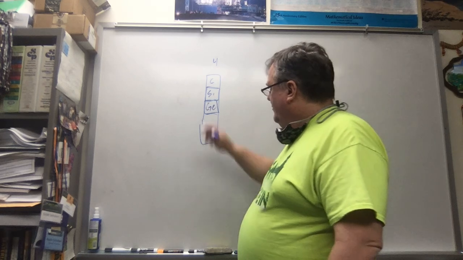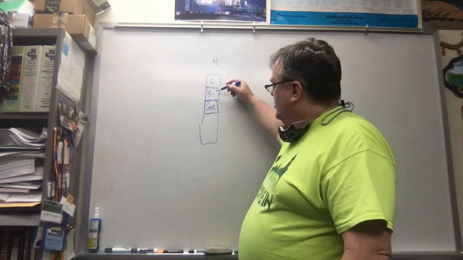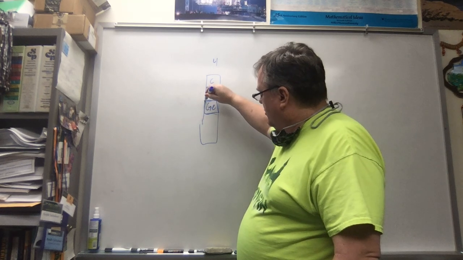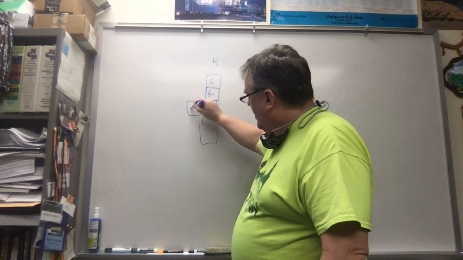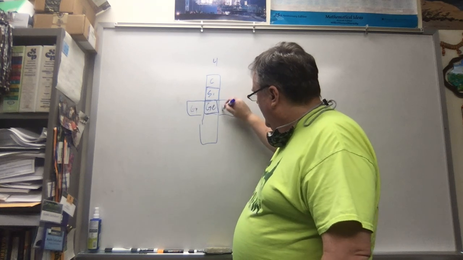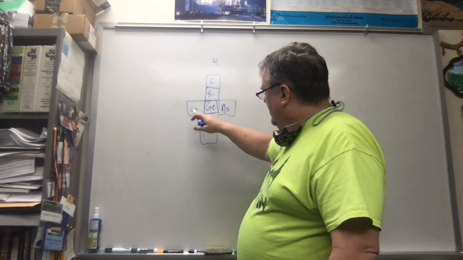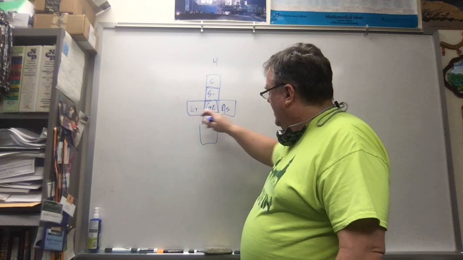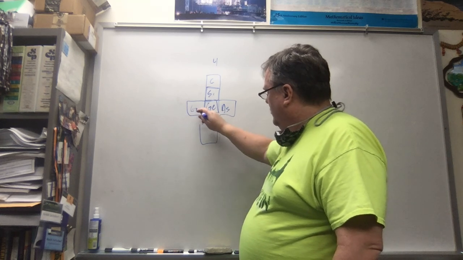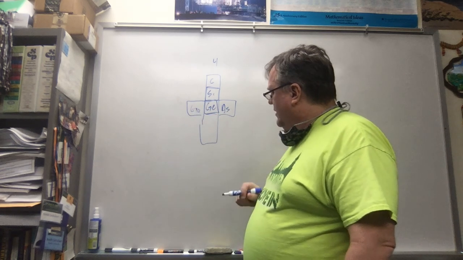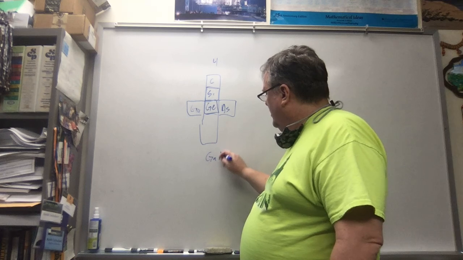And then, in addition to the group 4s, we can also have something that's nearby. So, gallium and arsenic: we can combine them to make gallium arsenide.